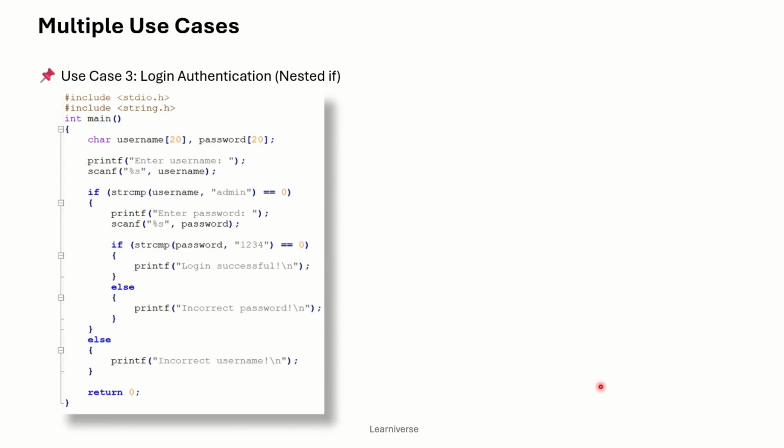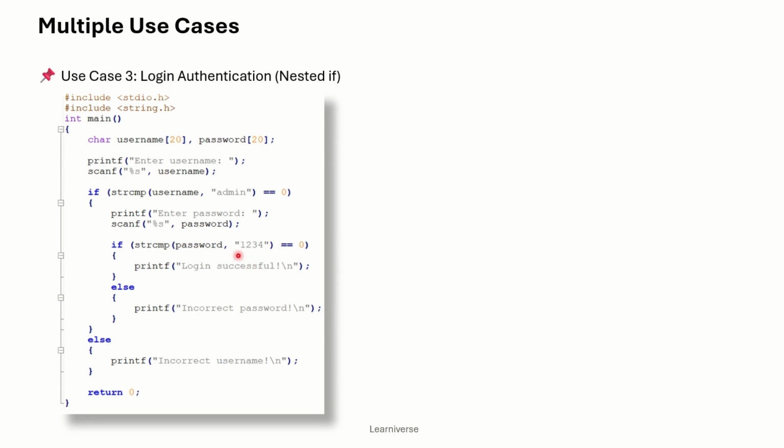Now let's understand the third use case, where we have a login authentication example, where we take the username from the user and then we compare that username with admin. If this is matching, then we get the password from the user, and then we compare that password with 1234. If this is also matched, then the login is successful.